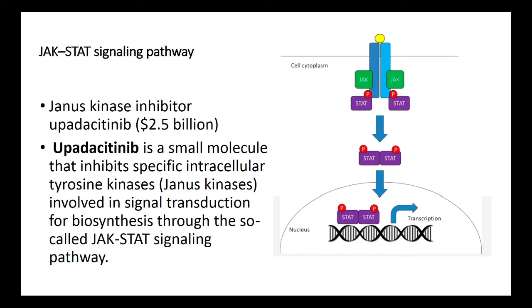This is a drug for this pathway, upadacitinib, ending in ib, which will give an inhibition effect for Janus kinase, and to make this drug costs $2.5 billion. It is a very high price. But here it will block this STAT protein, and so it will not work in the nucleus and will not give any signaling effect.